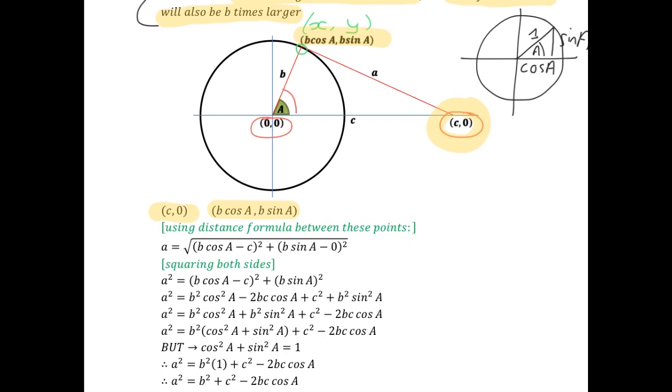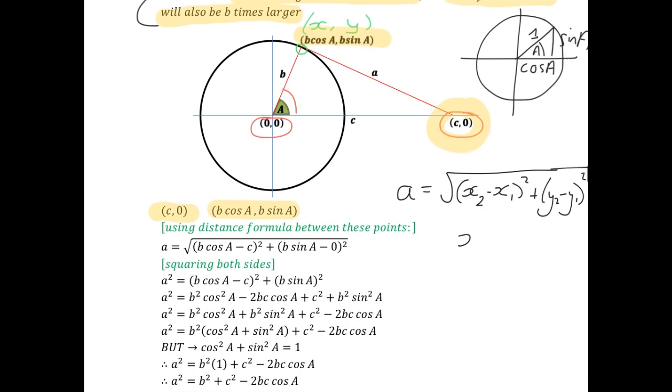So you'll remember that formula reads that the distance between 2 points, which we've called here a, is equal to the square root of (x2 minus x1) squared plus (y2 minus y1) squared.